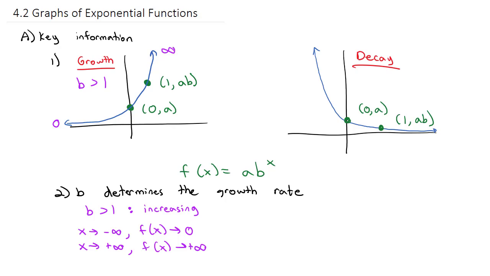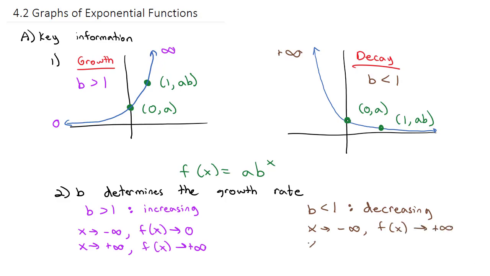Contrast that with the second graph I have on here with the decay. The b is going to be less than 1. It's going to be a fraction or a decimal. If b is less than 1, then we have the case where the graph is decreasing. And for long-term behavior on the left, as x goes to negative infinity, the overall graph goes to positive infinity.